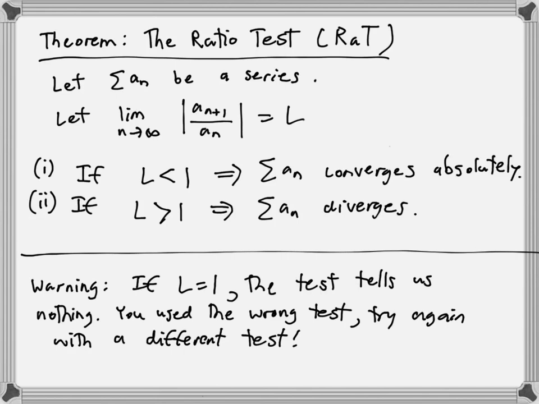Okay, so the ratio test only tells us something when L is less than 1 or when L is greater than 1. I would like for us to practice using this test a few times. Before we do an example, I want to give a tip here.